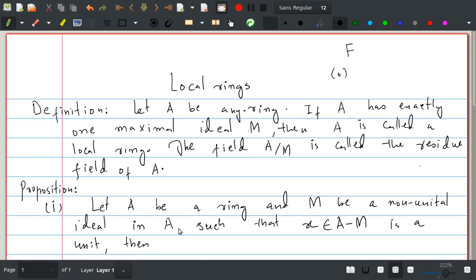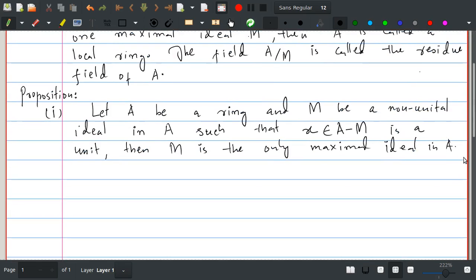Then M is the only maximal ideal in A, that is, A is local.